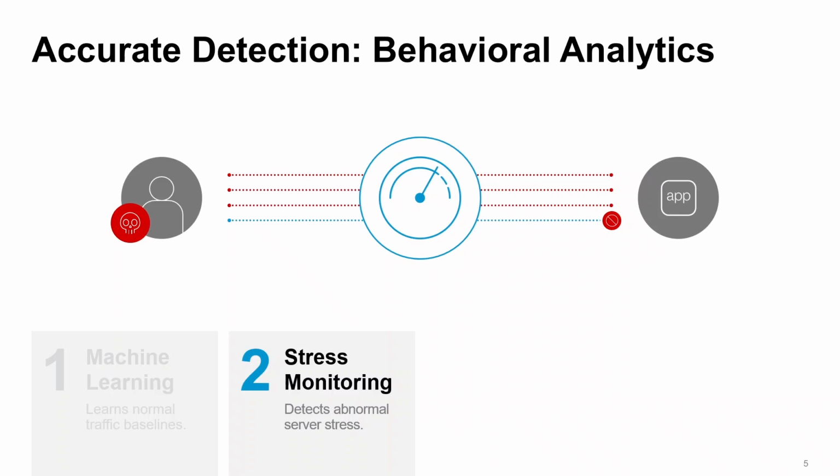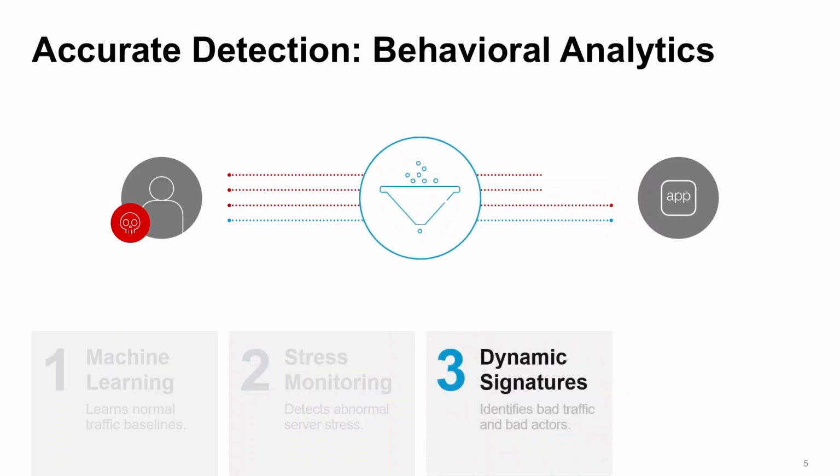But if the server performance starts going down and the server is affected by this new traffic, F5 considers this a new DDoS attack and immediately starts building a dynamic signature.